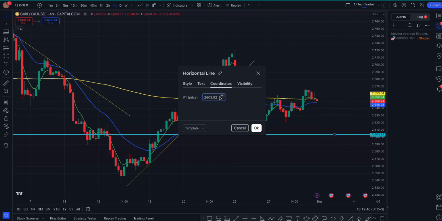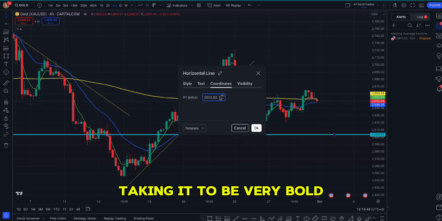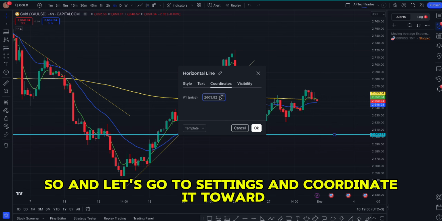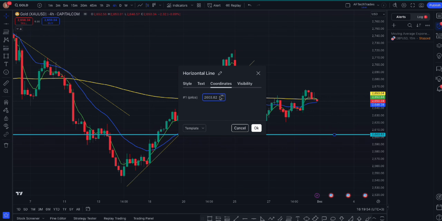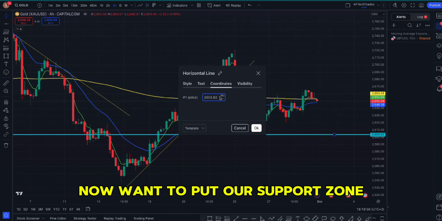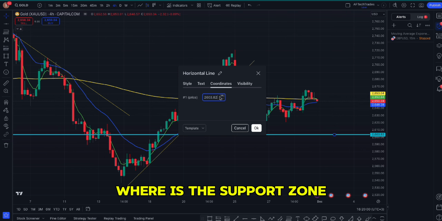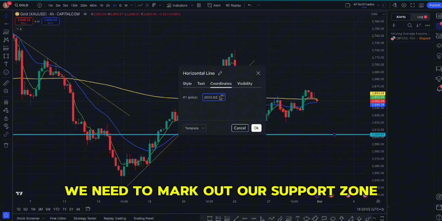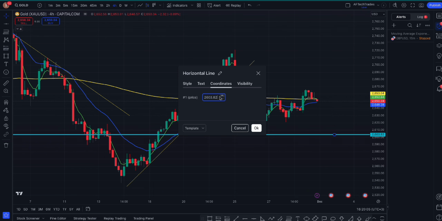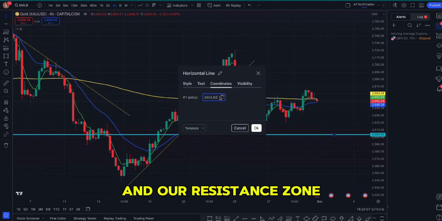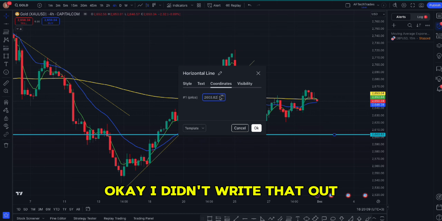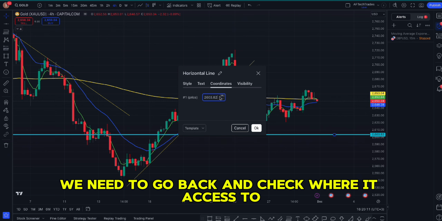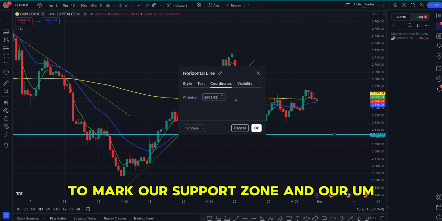Now we want to put our support zone. Where is the support zone? Okay, I didn't write that out. We need to go back and check where it asks us to mark our support zone and our resistance zone. So let's go back to ChatGPT and check that.